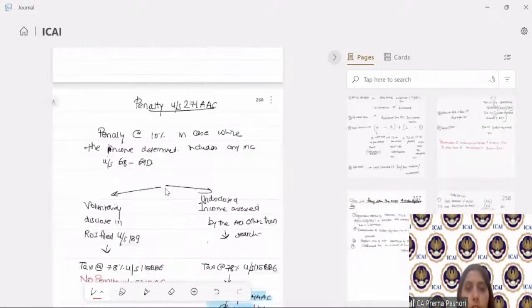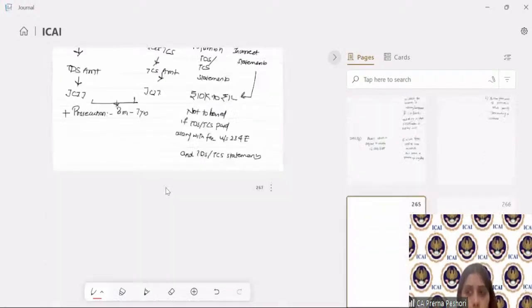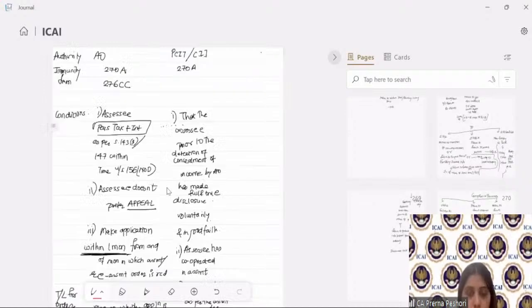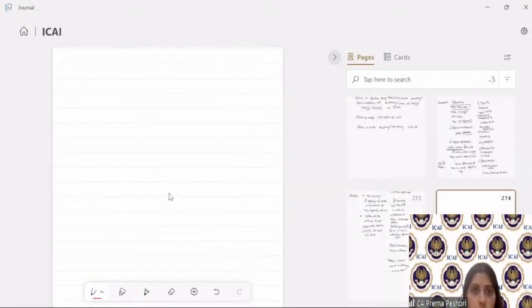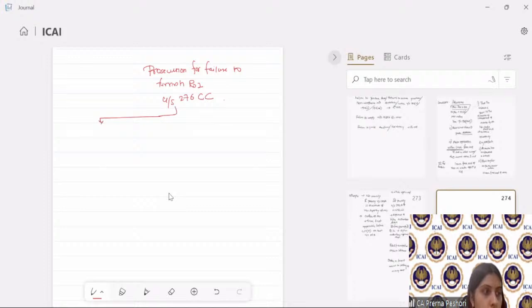And then for the return of income, it is under section 276CC. So what is the prosecution?